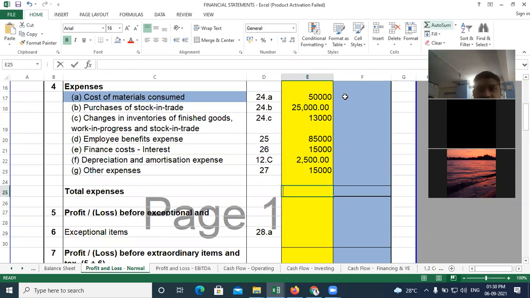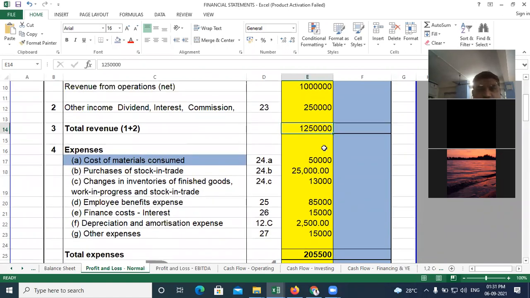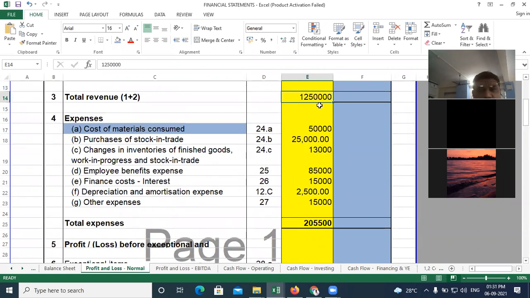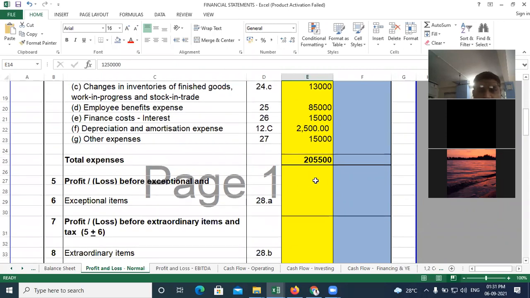When we add, it is around 2,05,500. What is the total income? 12,50,000. You have to deduct these expenses from your income, and what you get is your profit or loss before exceptional items.